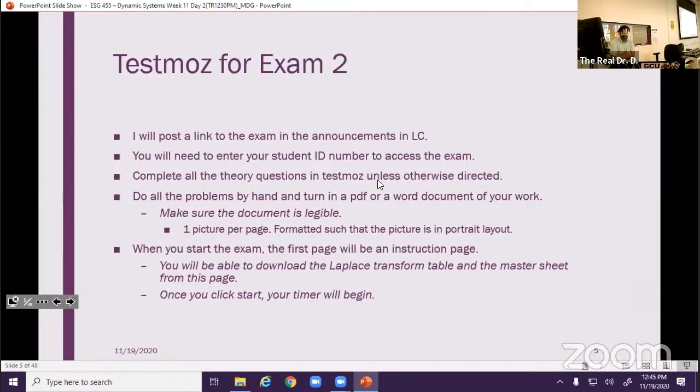All right, so make sure your document's legible, right? I'm not talking about handwriting. Well, please try your best with handwriting, but I'm talking about the quality of your pictures. Please look at it before you turn it in. Don't just throw them on the thing and say that's going to be good enough, because sometimes they get blurry and it makes it a little bit harder to grade.